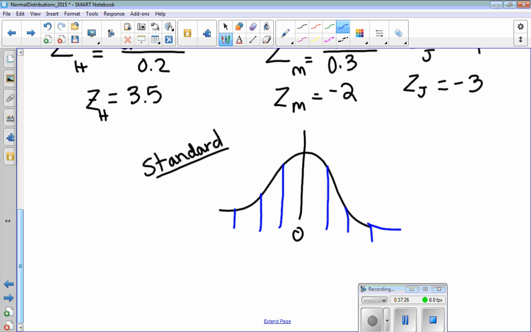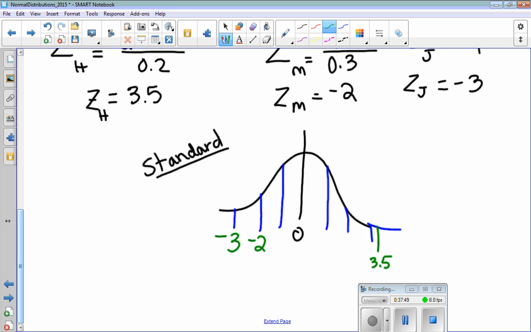So I have our hurdler out here at 3.5. I have my marathoner here at -2. And I have our state champion at -3. Who performed the best? Nope.